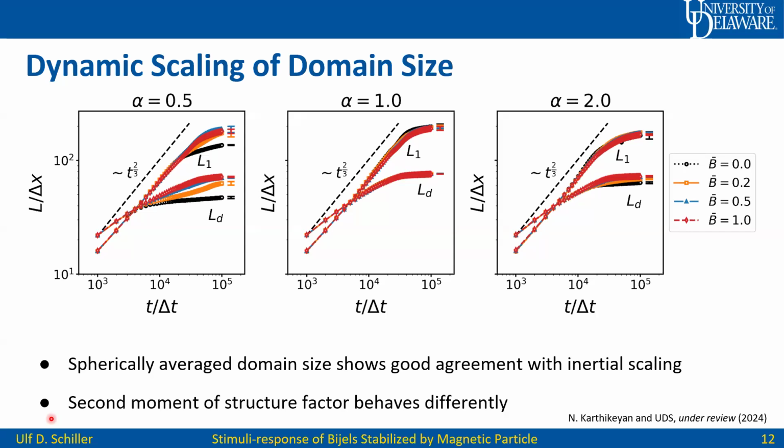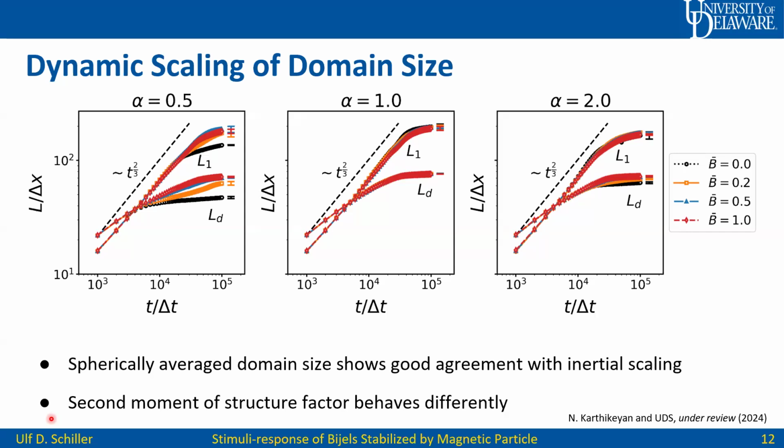If we look at the scaling, we get exactly the same scaling as in inertial spinodal decomposition. So that also confirms it. There are other measures, for example from the second moment of the structure factor, which behave a little differently. So there may already be some effects of the particles visible if you go to higher moments of the structure factor. But generally, we have good agreement with inertial scaling.